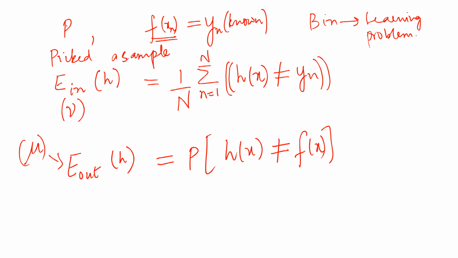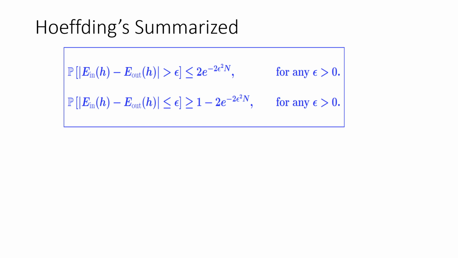So having said that, how does the Hoeffding inequality play in terms of these error terms? Earlier we had everything in terms of nu and mu, but now everything is different when we translated the bin model to my learning problem. Let's look at that. It's pretty intuitive. So Hoeffding's in terms of error values.